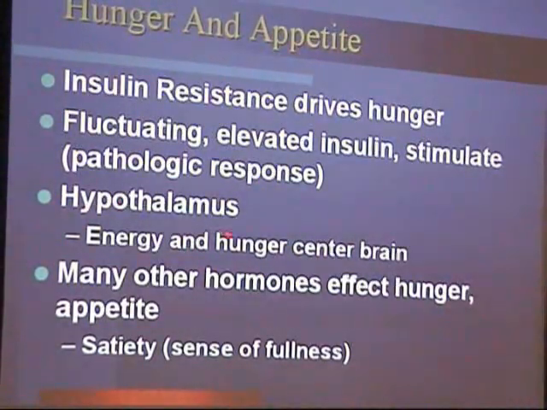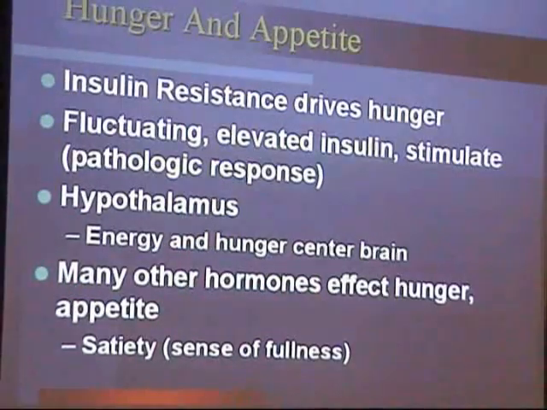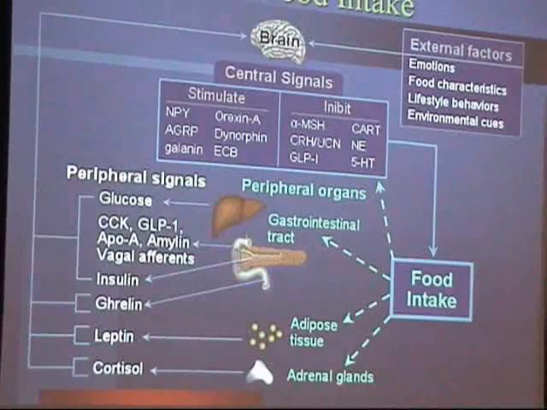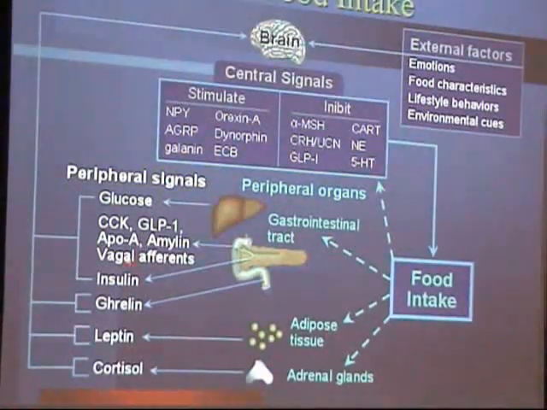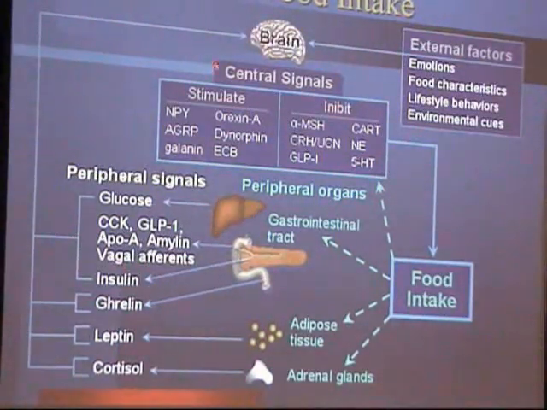And the hypothalamus is where the hunger centers are in our brain. And there are many hormones besides insulin that affect this satiety, or sense of fullness. This is a slightly complicated slide, but the point is all these hormones affect hunger and appetite back in the brain. And this is really the science of the future. These are smart hormonal drugs that regulate the hunger and appetite centers of the brain.